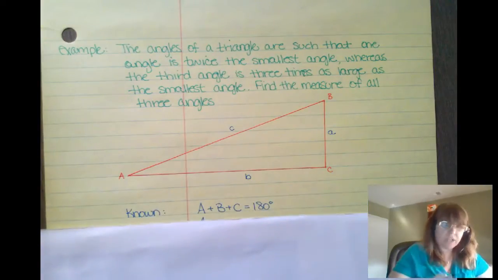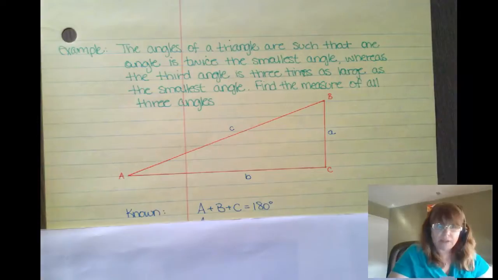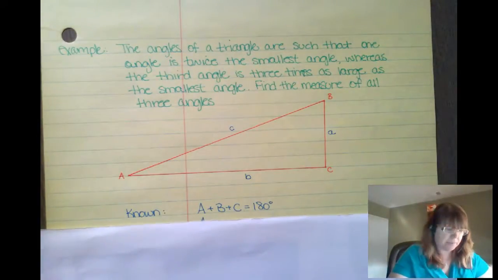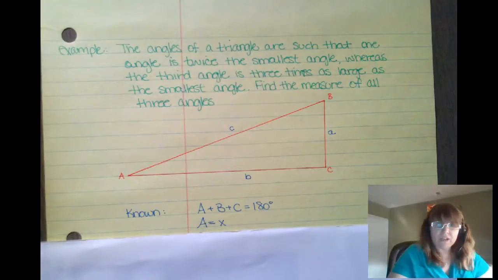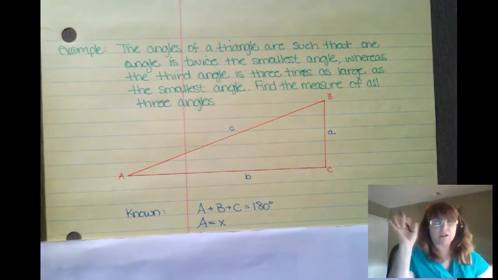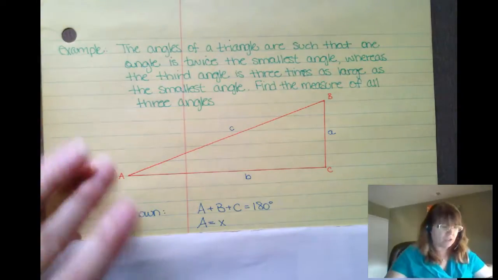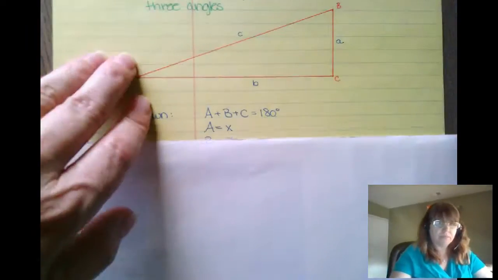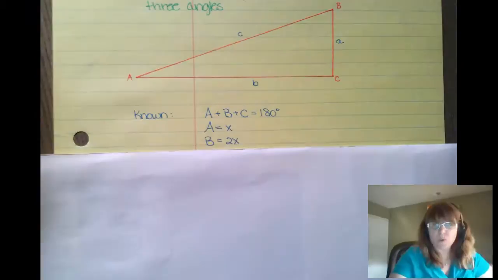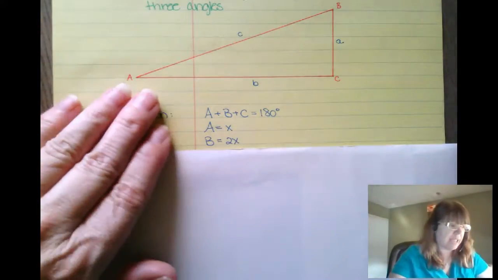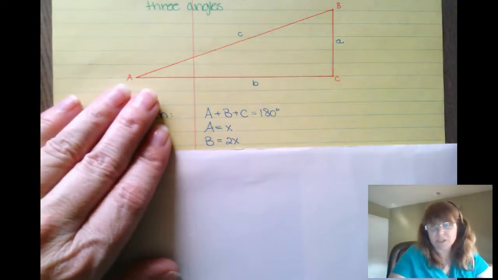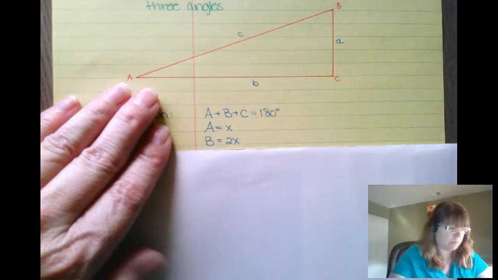So the first thing we know, all the angles of a triangle add to 180. We don't know what A is, and I'm just going to call that x. But I do know that B is twice x. Remember, the angle is twice the smallest angle, and I'm just saying A is the smallest angle.